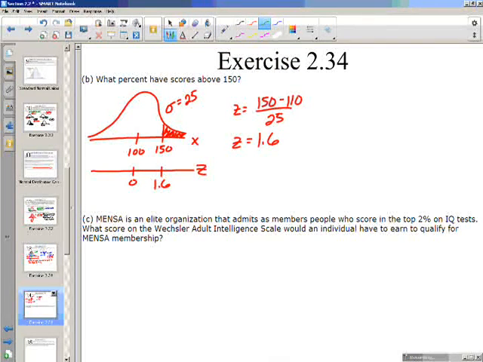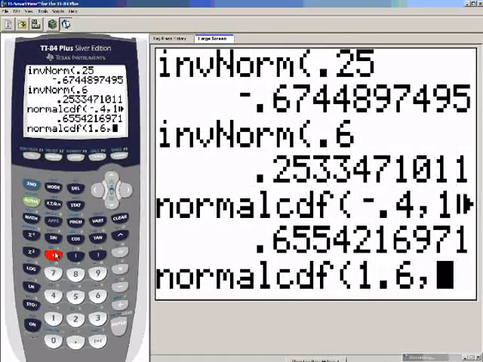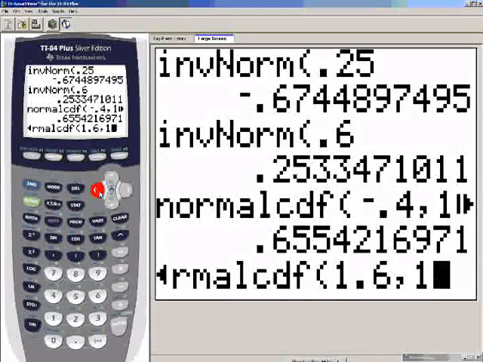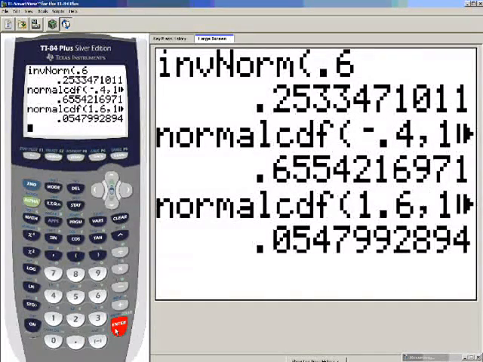Go to the calculator. Normal CDF from 1.6 up to 100. It's an area of 0.0548.